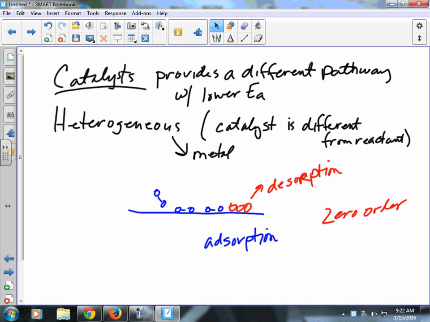The catalyst is not a reactant. It does not chemically react with anything. Okay? Let me go back. Here's what a homogeneous catalyst might look like.